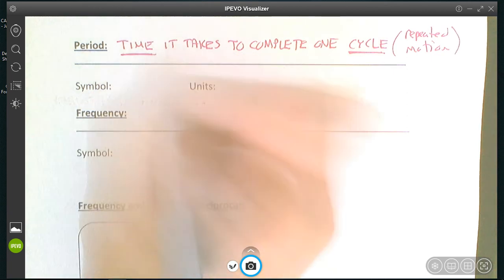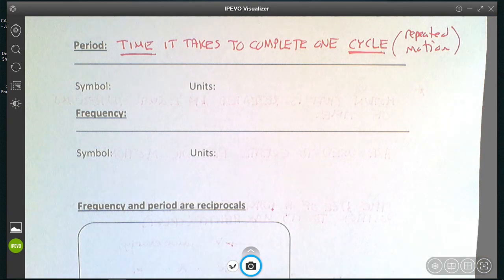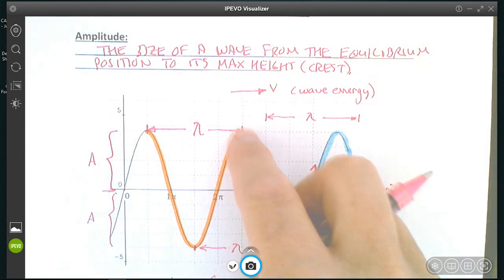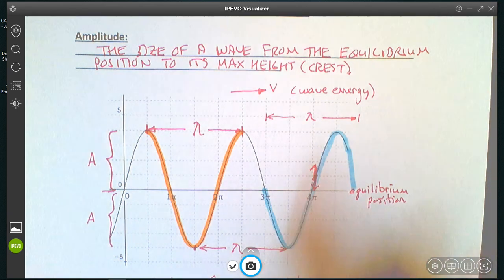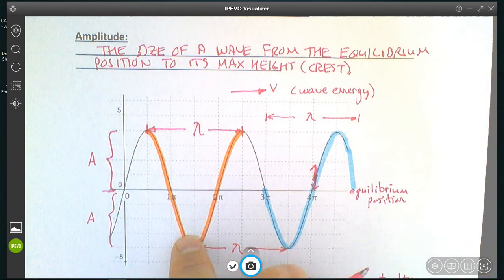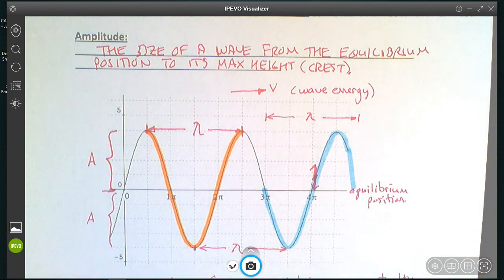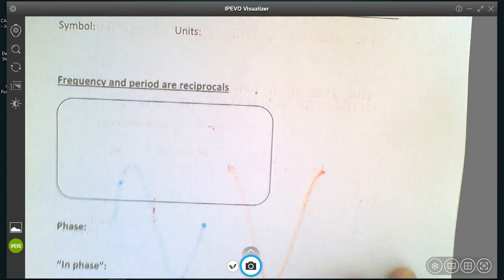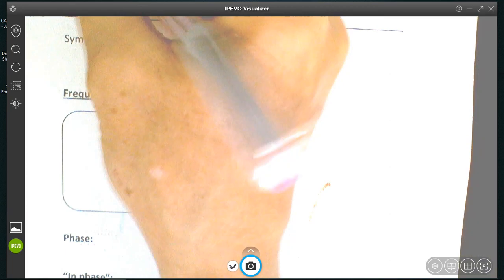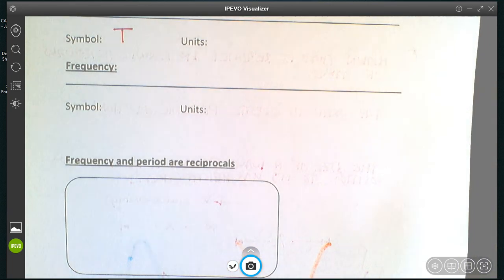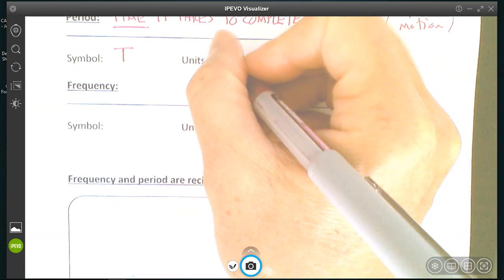And here, period is the time it takes to complete one cycle or one repeated motion. So again, over here, one cycle, another cycle, one cycle, one cycle, one cycle, and a half. There's 2.5 cycles there, or 2.5 repeated motions. Okay, what symbol does this have? It has capital T. Sometimes it gets confused with temperature, and the units are simply seconds.